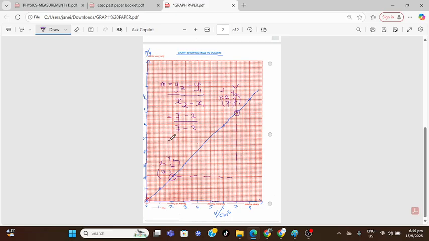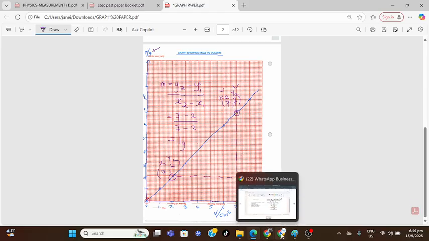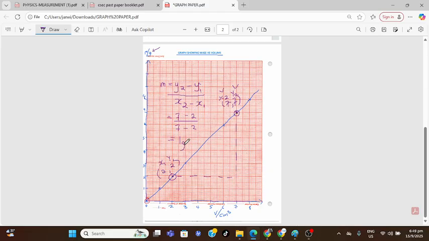That gives me 1. And I need to put a unit. My unit at the top for y was grams, which is right here. And I put grams. And then my unit at the bottom is centimeter cube. So I put centimeter cube right there. So that's grams per centimeter cube.